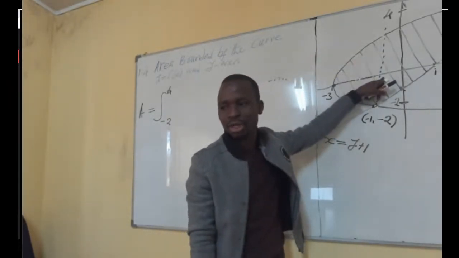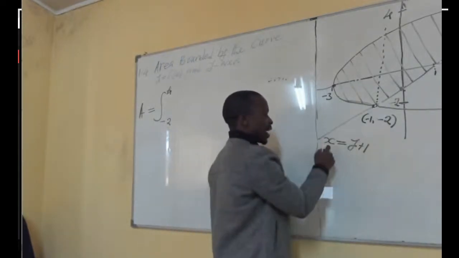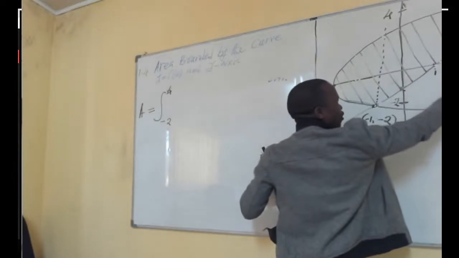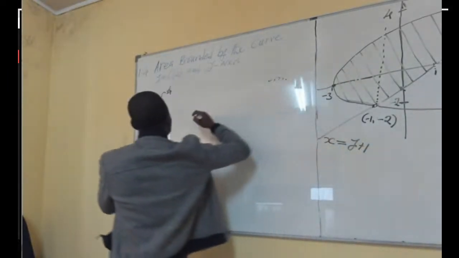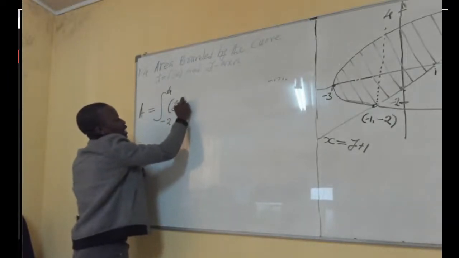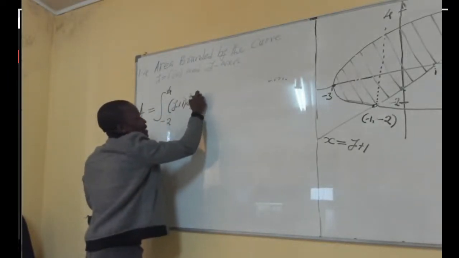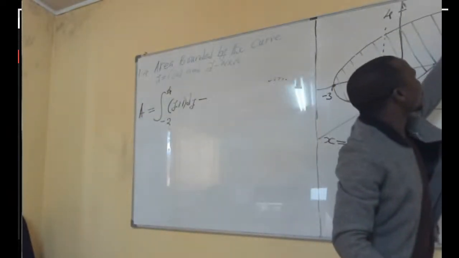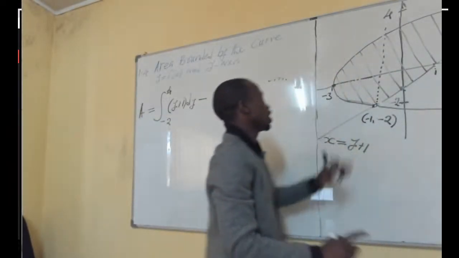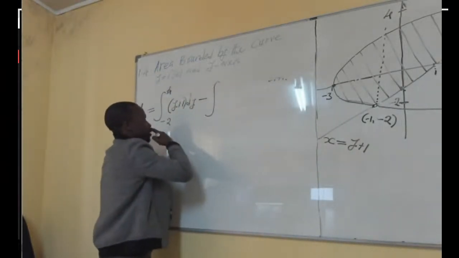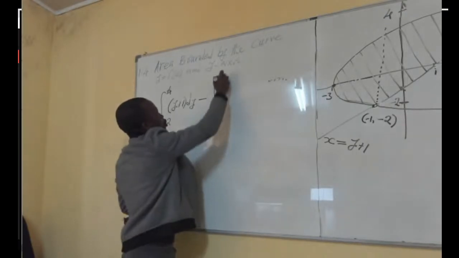The curve x equals y plus 1 is on the right side of the shaded region, so it's the one you start with. So we have y plus 1 dy, then minus the other curve, which is on the left side, so it is the second part, from -2 to 4.